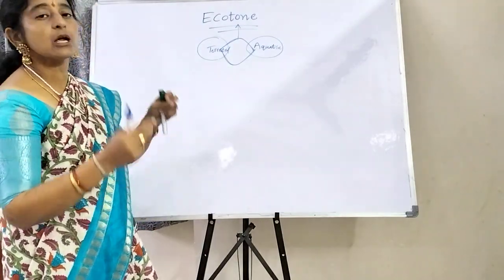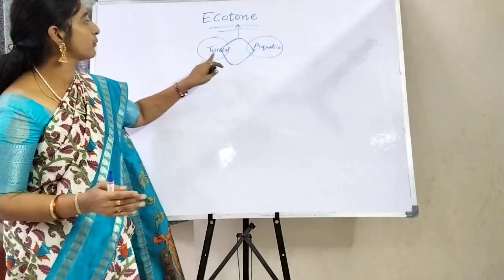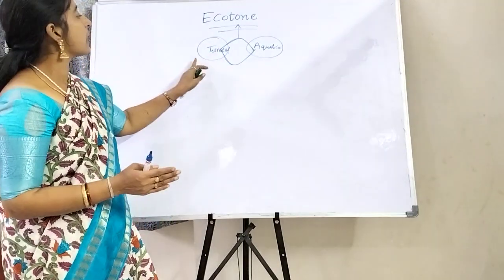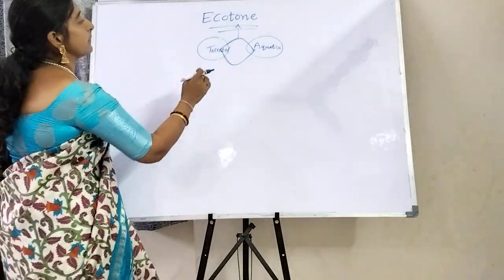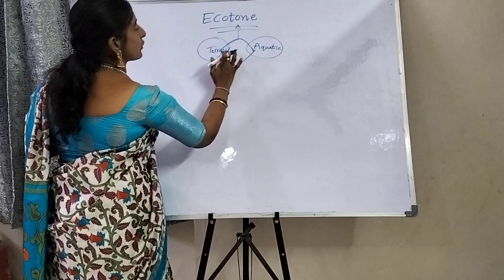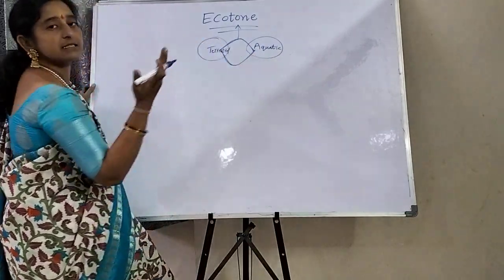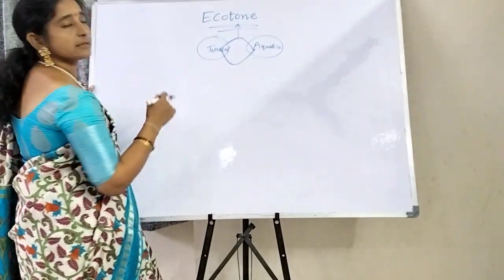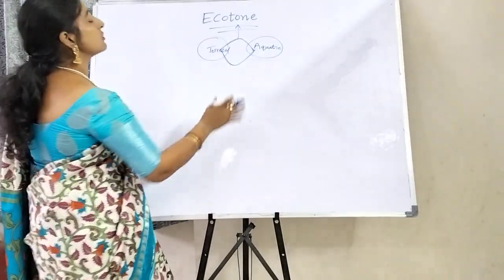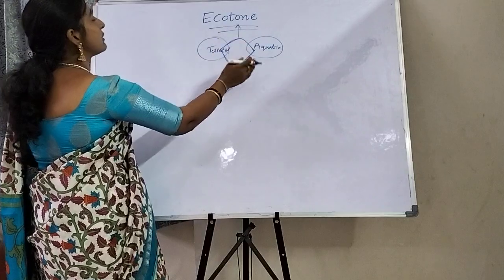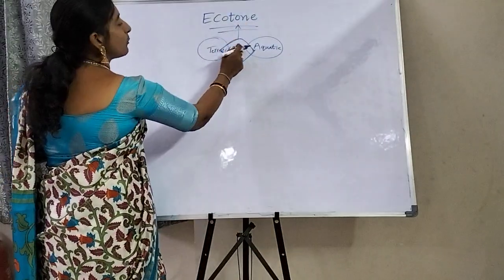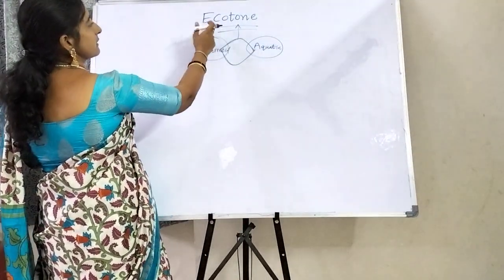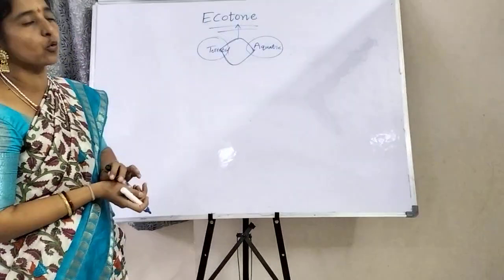Both ecosystems have different types of conditions, like environmental and climate conditions. These are all influenced by the ecotone boundary.